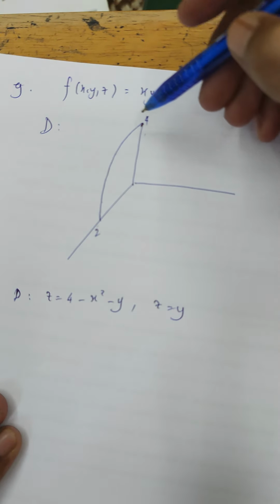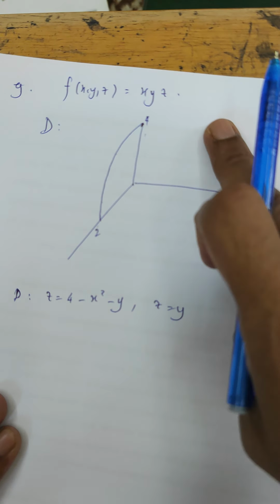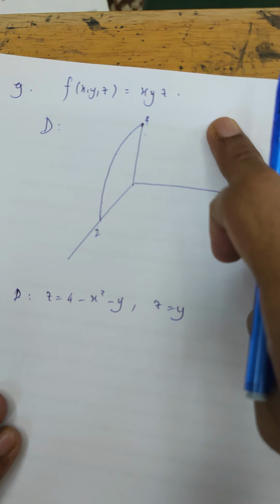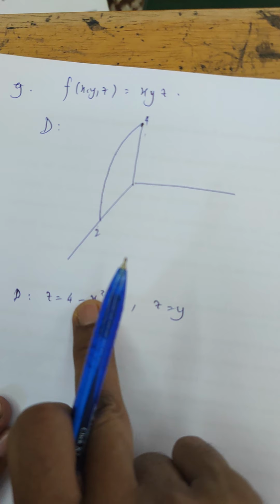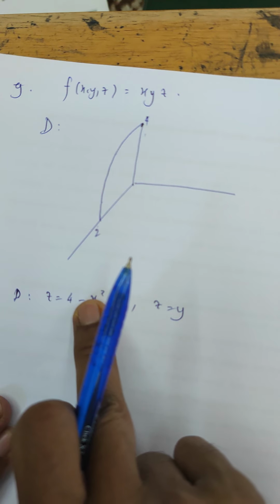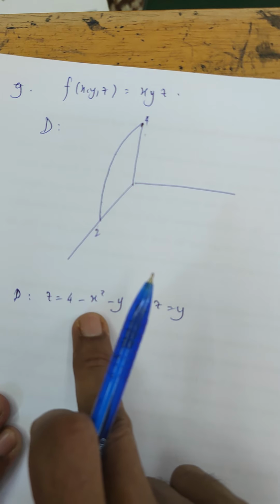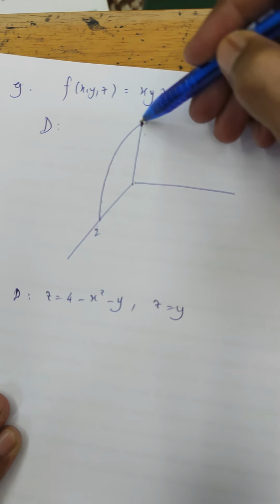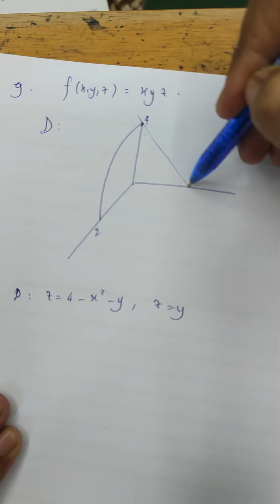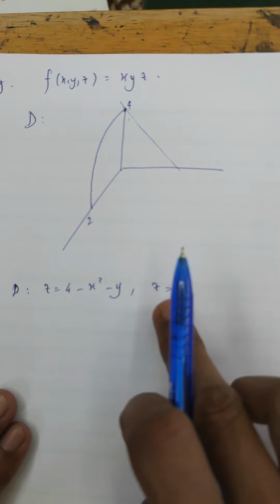And then for yz, x equal to 0, so we have z equal to 4 minus y. It's just a straight line with a negative slope. Okay, and then cut by that.